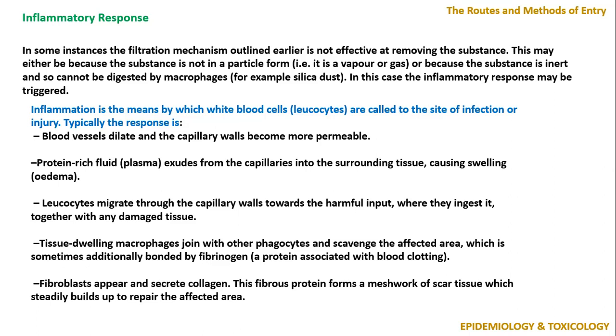So, the inflammatory response is the innate response system which a person is born with, and when the substance is not in particle form and cannot be removed by the filtration mechanism, the inflammatory response gets triggered.